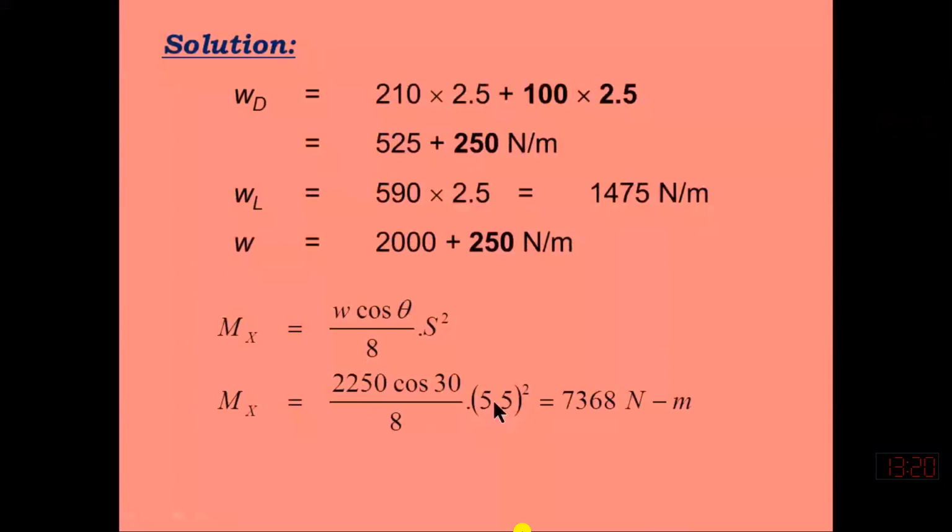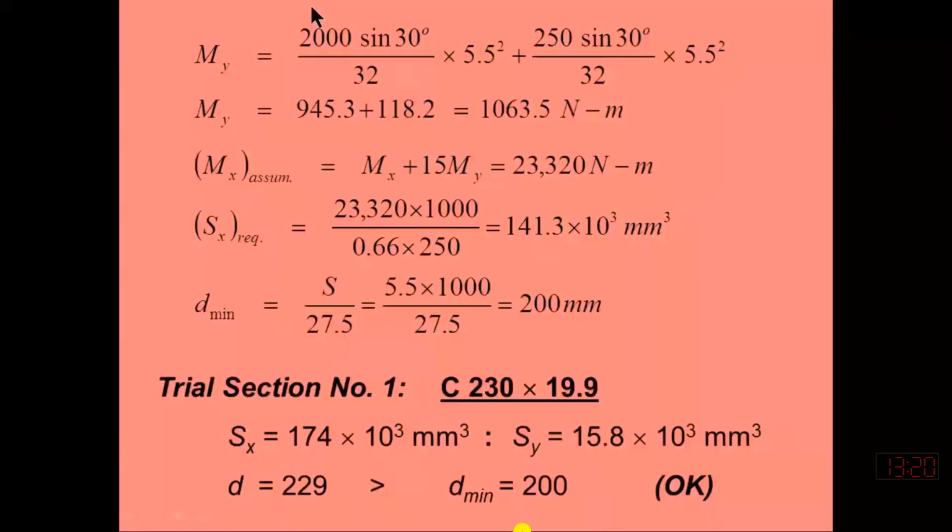So Mx is the total moment, which is 7,368 Newton meter about x-axis. About y-axis, I have picked this value, omega sine theta over 32 into s square, from the chart that I have discussed.